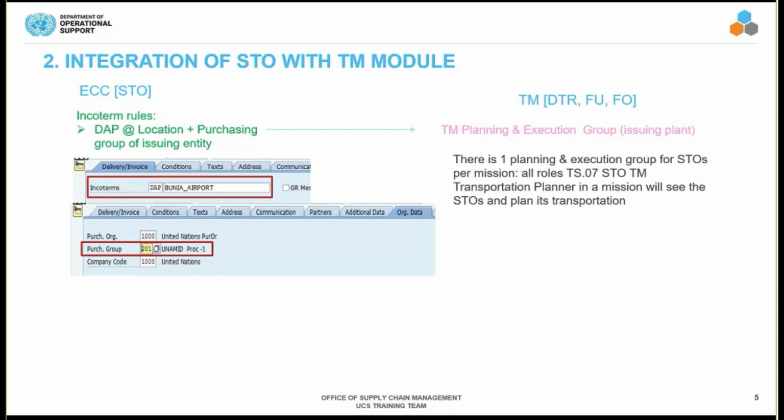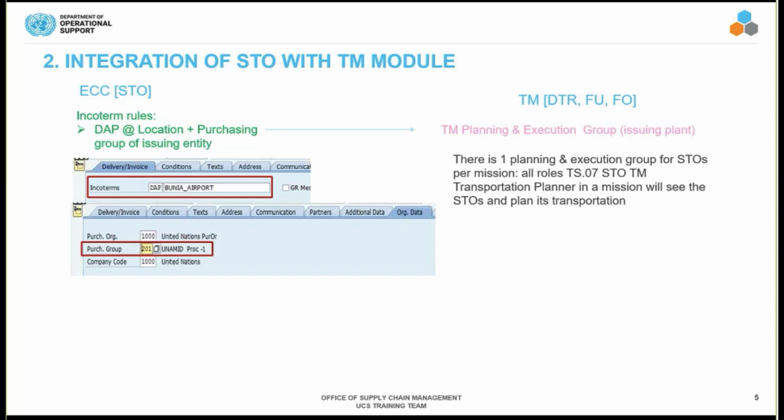what entity and what roles are going to have visibility on this order in order to plan and manage the transportation, the routes and the legs of the materials to be transported. As I said, there is one planning and execution group for the STOs per mission.